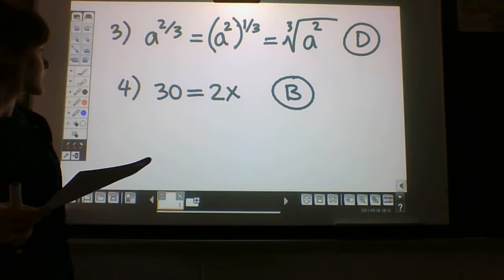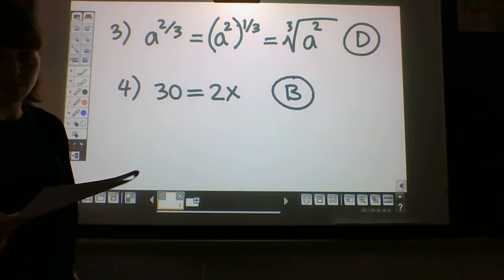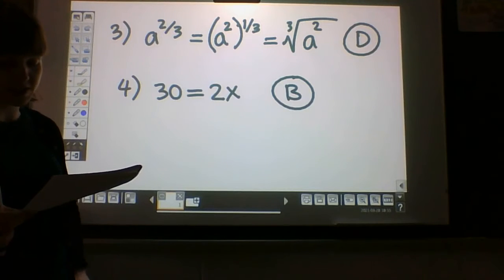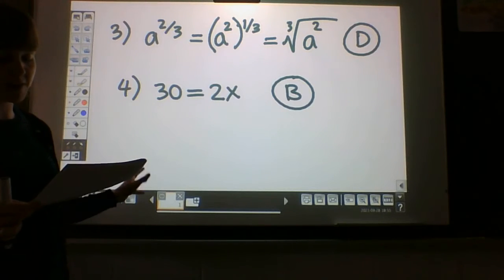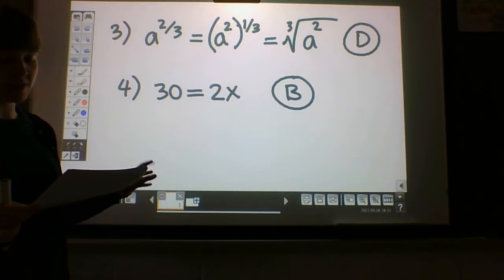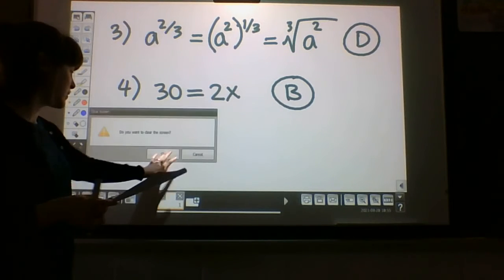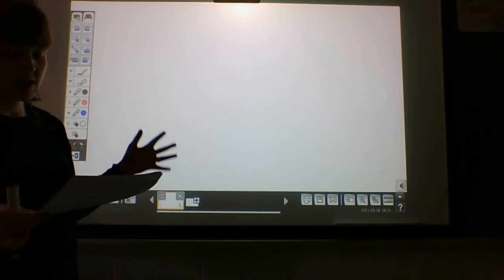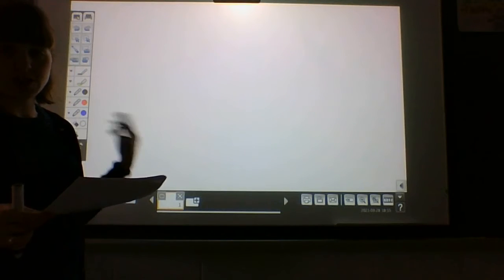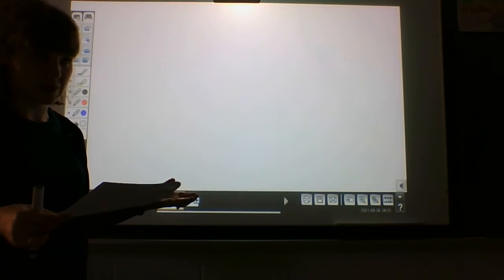I'm going to erase 3 and 4 now, and then on number 5, we're going to use proportions, because it says if 5 over x equals 15 over x plus 20, what's the value of x over 5? As you're probably starting to notice, SAT questions are often multiple parts.